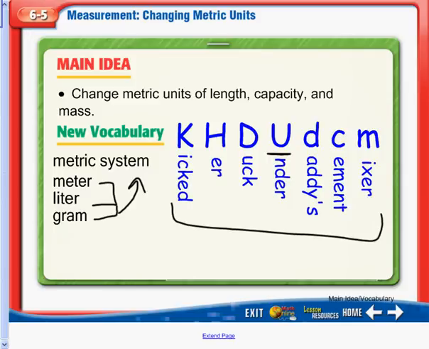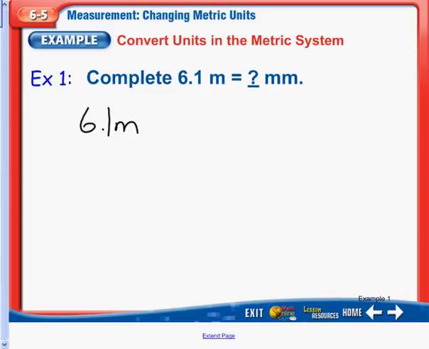Now if you remember a lot of our meter sticks and rulers, there's 100 centimeters in a meter, and 10 millimeters in 1 centimeter. So as you see right here, since we're hopping over 3, that's 3 zeros with a 1. So we're multiplying by 1,000. So there's 1,000 millimeters in 1 meter.